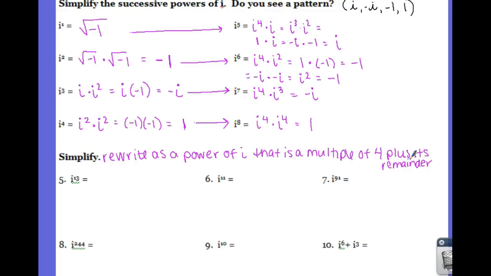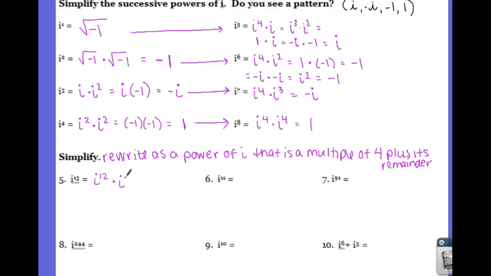So i to the 13, what multiple of 4 is near it but less than it? 12. So rewrite this as i^12 and then whatever the remaining i's are to get to 13.